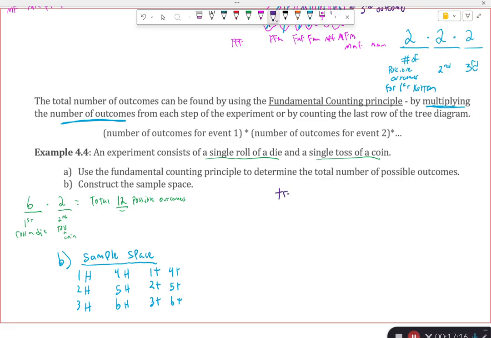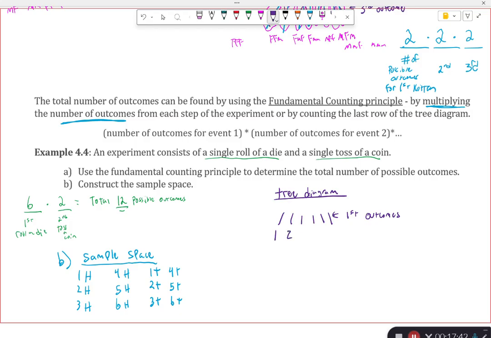If I wanted to make a tree diagram, I would have my first experiment, or first set of outcomes. However, when I did my first outcomes with the kitten example above, I only had 2 possible outcomes. Well, I actually have 6 different possible outcomes for this, right?